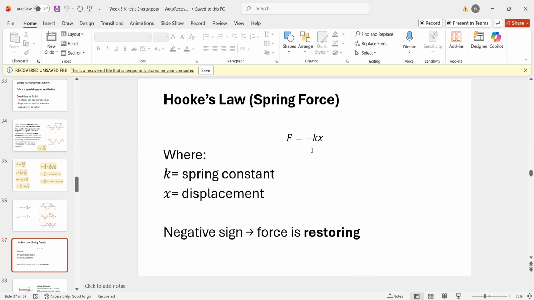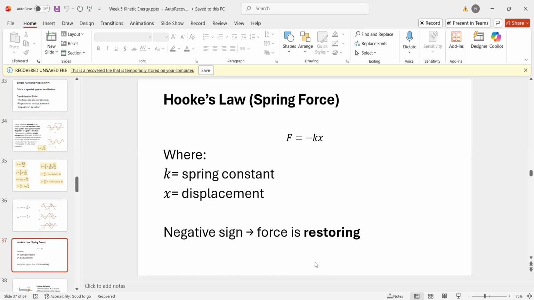And as you stretch, and we have this movement, that's why you have the negative value here. So the force applied is directly proportional to the extension. The negative sign shows the force is restoring. You pull it, you have to come back.